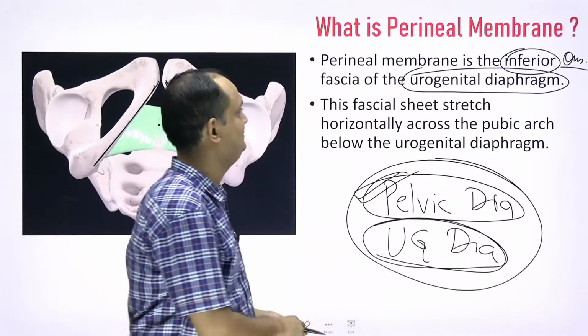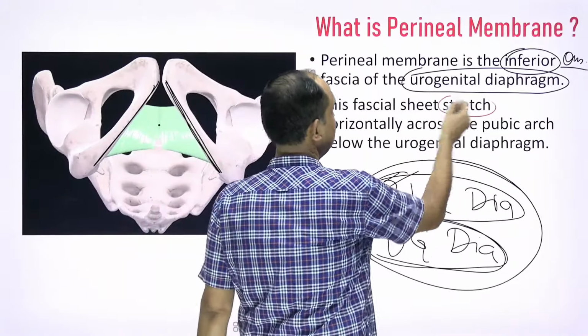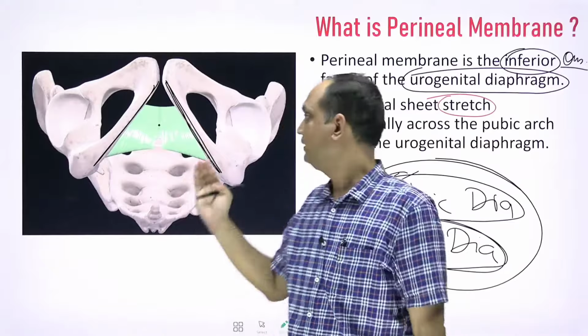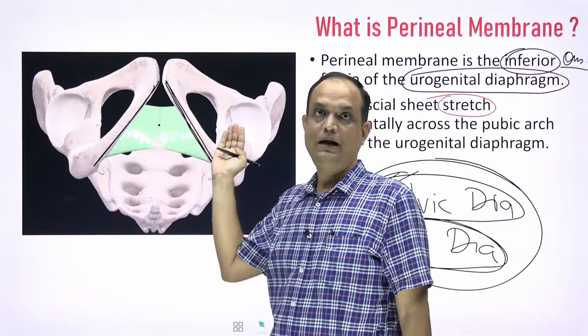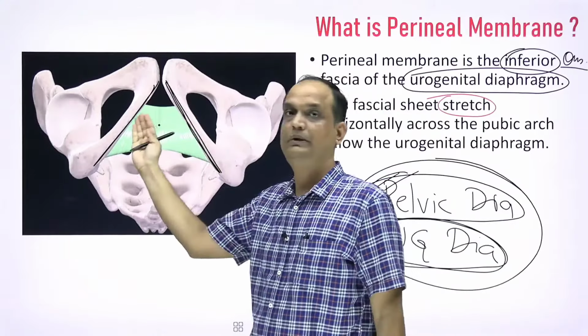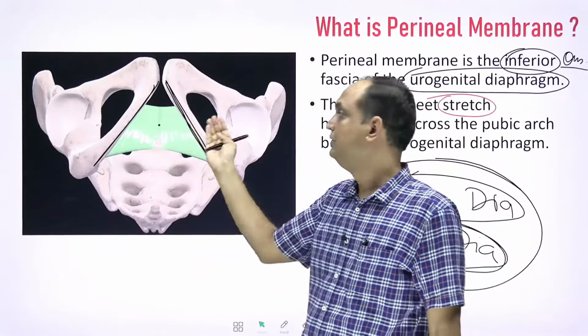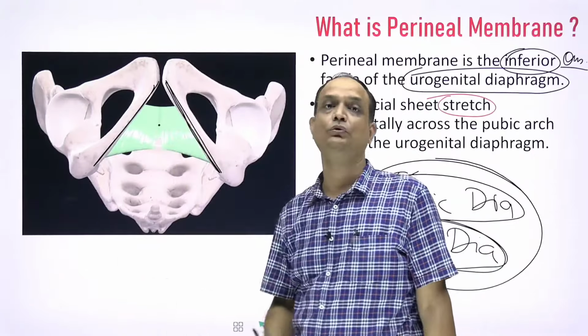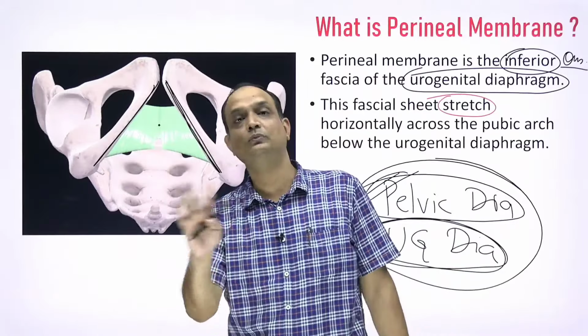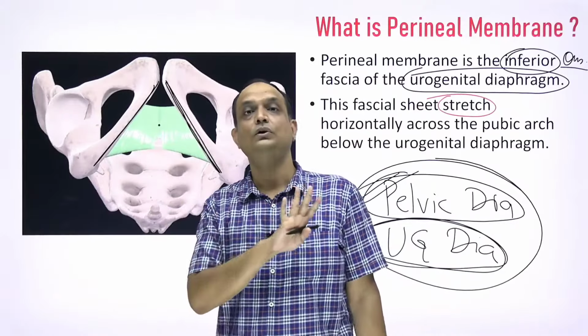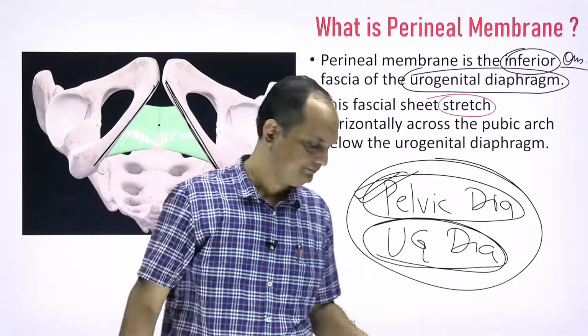This is what I am saying again and again: it stretches horizontally across the two pubic arches. And why between the two pubic arches? Because it covers the inferior surface of the muscles stretching between the two pubic arches, and those muscles are known as the urogenital diaphragm.